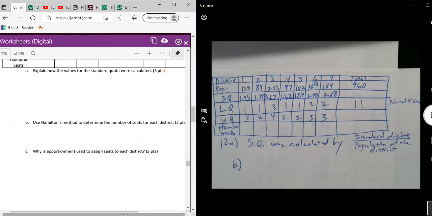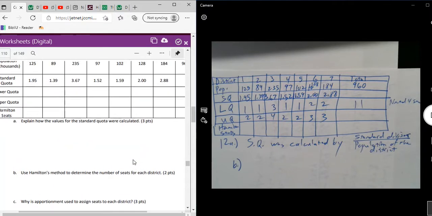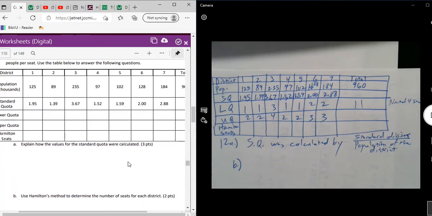It says use Hamilton's method to determine the number of seats for each district. Just like I did here, we need 4 seats. So we have to find 4 districts that will use their upper quota instead of their lower quota. We look behind the decimal and find the 4 highest values. So 0.95 is one of them.